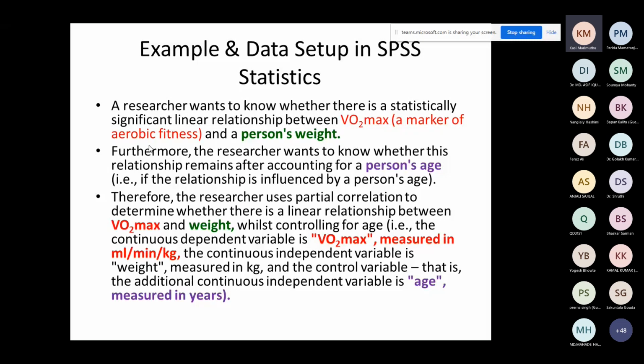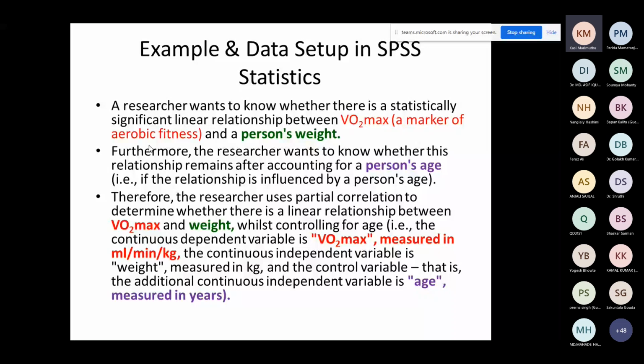So the person weight and VO2 max, is there any relationship? This relationship can be influenced by another variable, a person's age. So when we nullify the person's age, what is the relationship between the person weight and VO2 max?